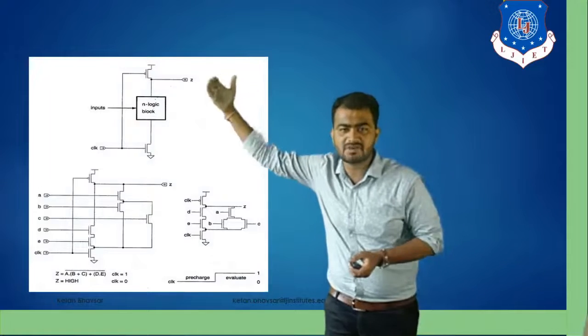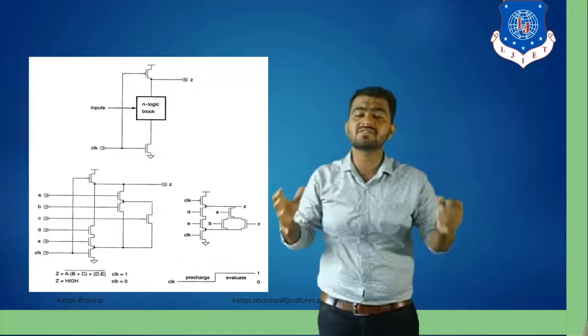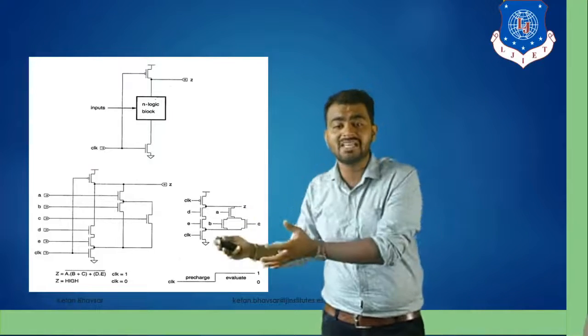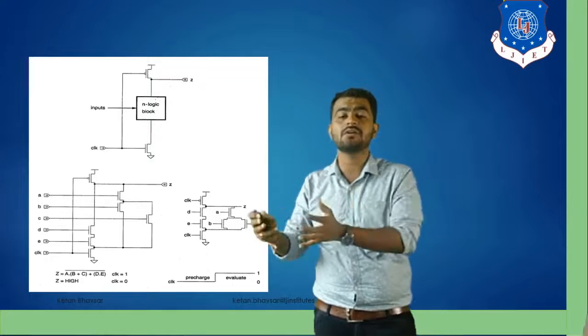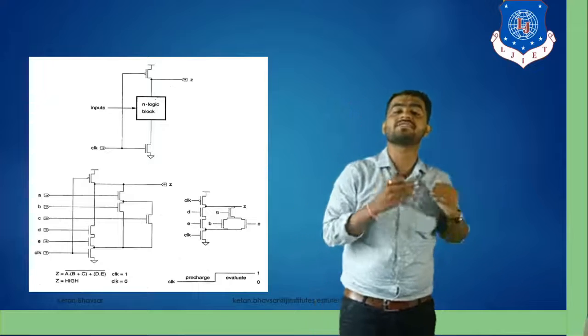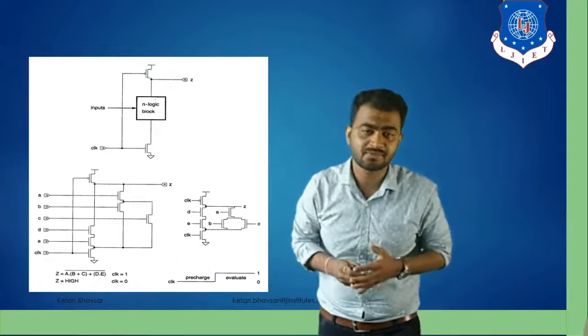As you can see, we have connected one PMOS, one NMOS, and a bunch of NMOS. So if you have a circuit that requires 5 PMOS or 15 NMOS, then ultimately you don't need to add 10 more PMOS. This is the advantage of dynamic CMOS logic circuits compared to other types of CMOS logic circuits. Right?